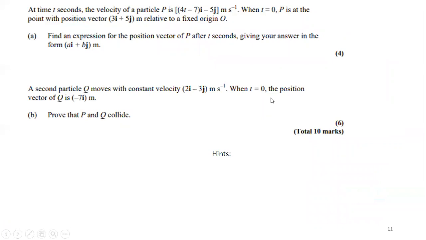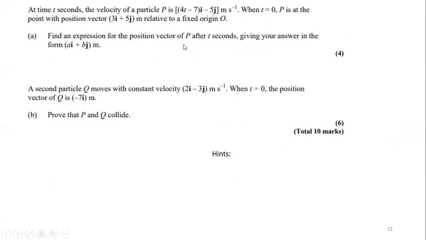Okay, next one. This one's a tricky one. So we have the velocity of the particle, and we have its position vector, and it says find an expression for the position vector p after t seconds, giving your answer in the form ai plus bj. So it wants us to find the position vector.